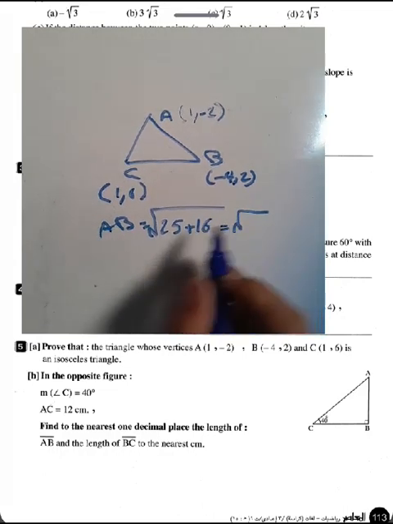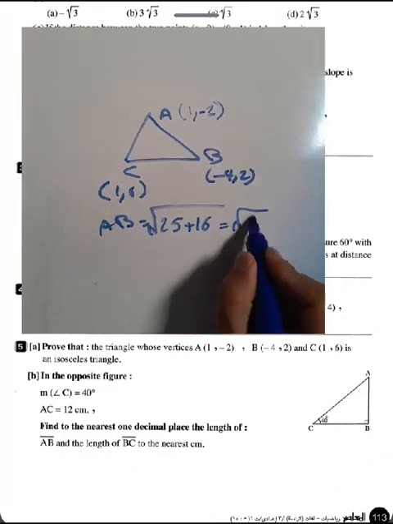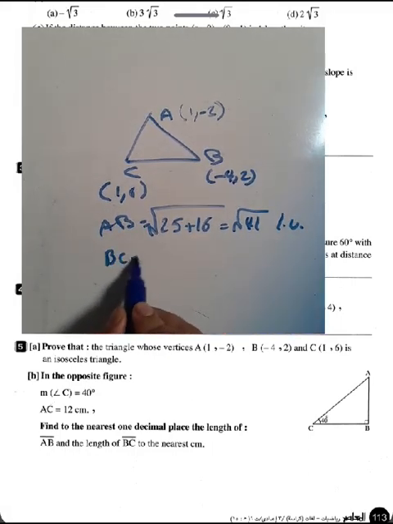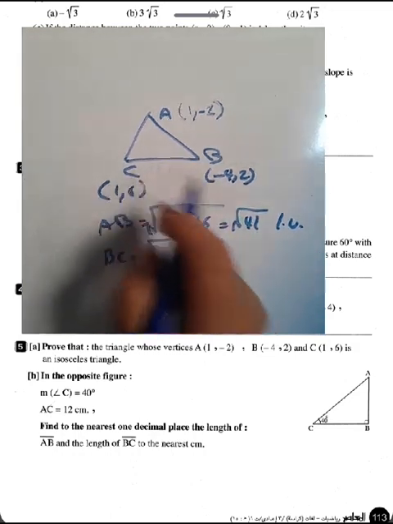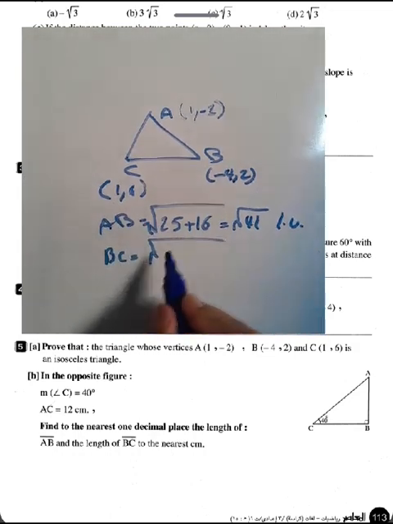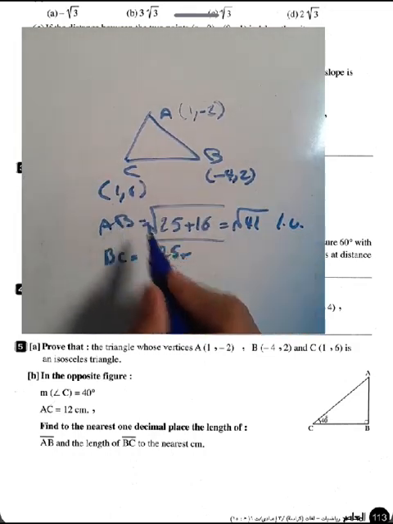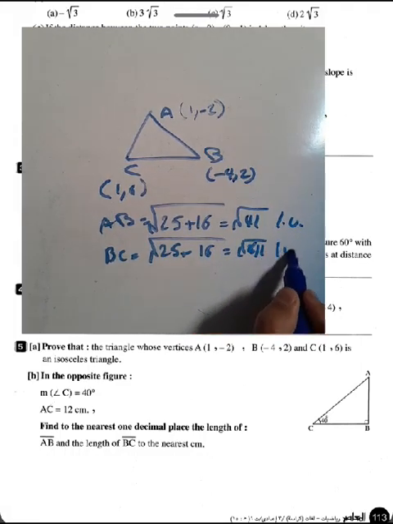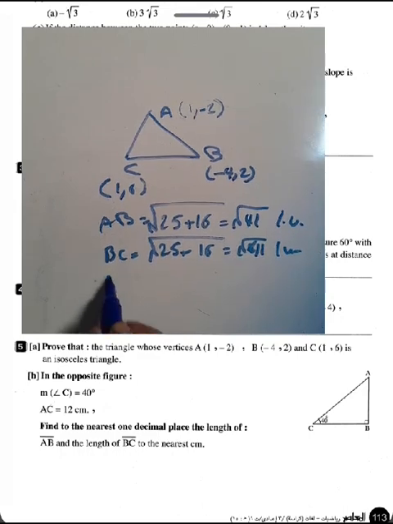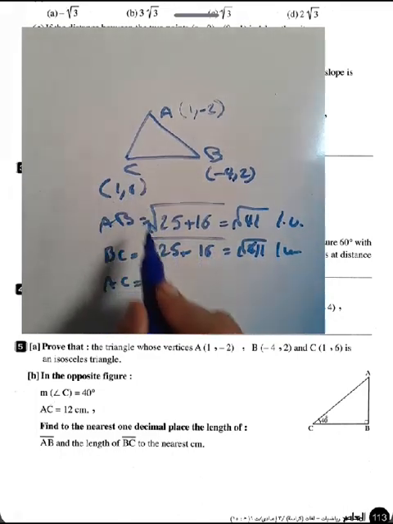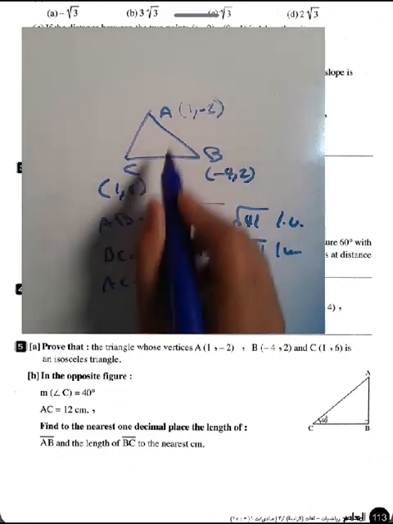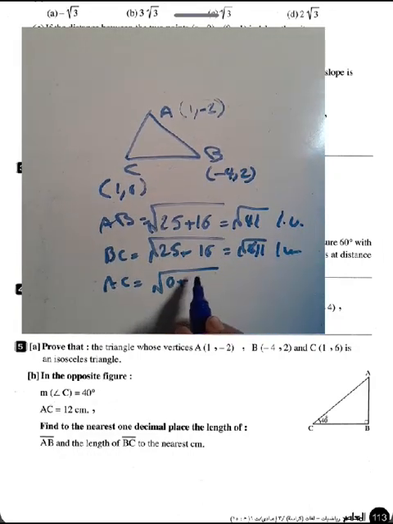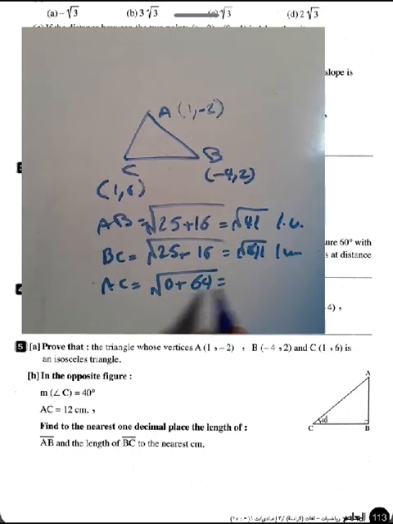The result is the square root of 41 length units. Then BC: negative 4 minus 1, negative 5 squared is 25, and 2 minus 6, negative 4 squared equals 16, so the result is the square root of 41 length units. And the last length, AC, equals the square root of 1 minus 1 equals 0, negative 2 minus 6 is negative 8 squared equals 64, square root of 64 equals 8 length units.